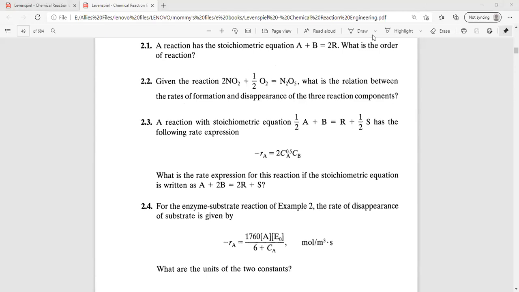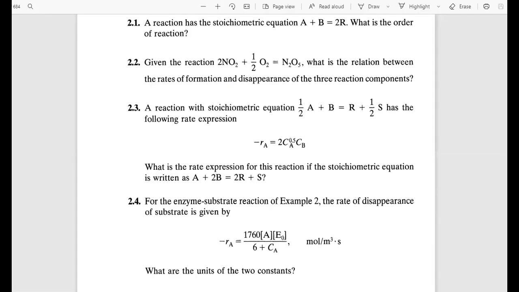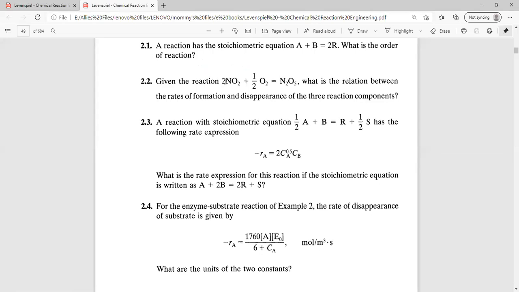So you're given, I'll write here the reaction. That way, you won't have to go back to the problem. So it's giving you NO2 plus 1 half O2 forming, let me check. So you have 2 moles and 1 mole of dinitrogen pentoxide.